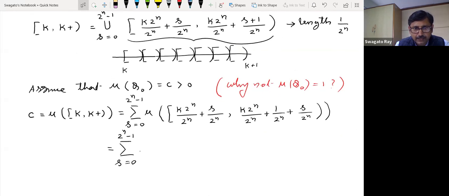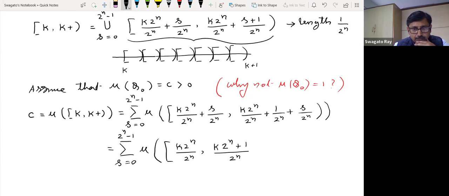No problem with that. Measure of K2 to the power n by 2 to the power n plus 1 by 2 to the power n plus S by 2 to the power n. Translation of this interval. Agreed?